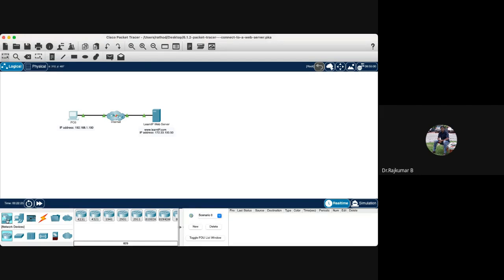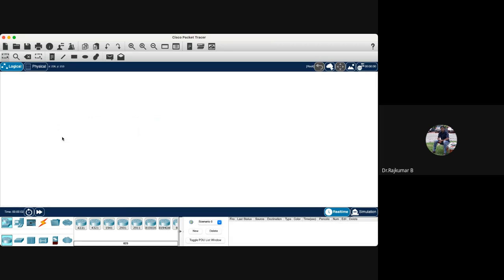There are the end devices we used to call, and these end devices. Okay, if you go through the end devices, here you can see the different kinds of end devices.